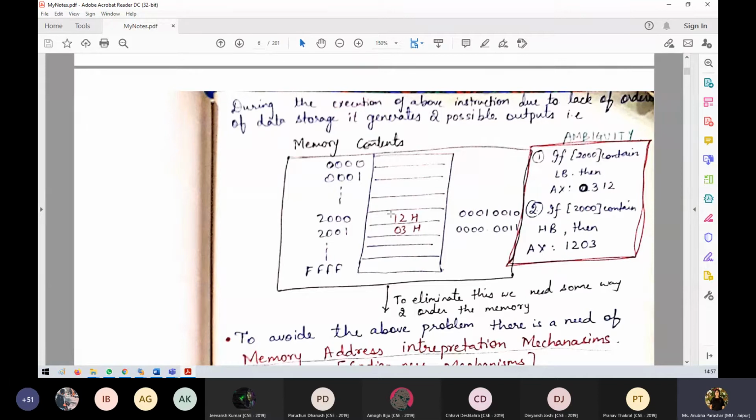Nowadays, int a equals 10 contains 4 bytes, so it will be stored in 4 consecutive memory address spaces. Yes, depending upon the size it is stored.